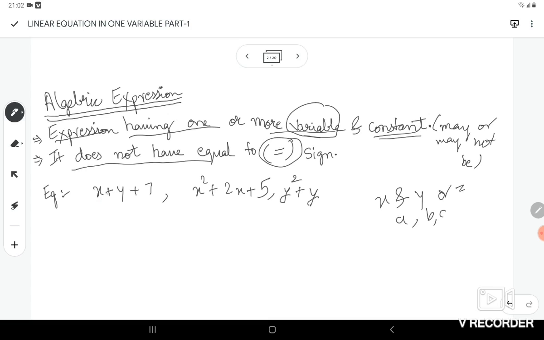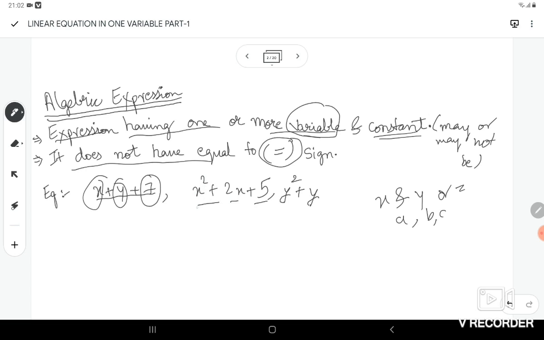We can make it clearer by considering certain examples, like x plus y plus 7. Here the variables are x and y and the constant is 7. Similarly, taking another algebraic expression, x square plus 2x plus 5.